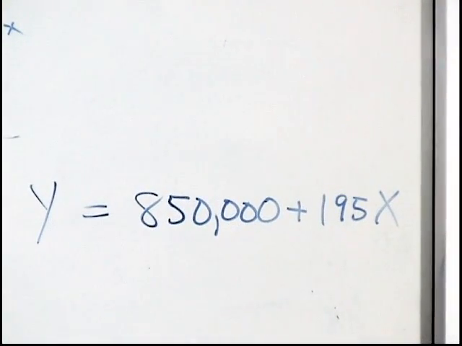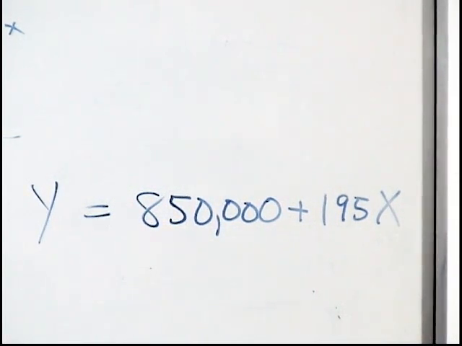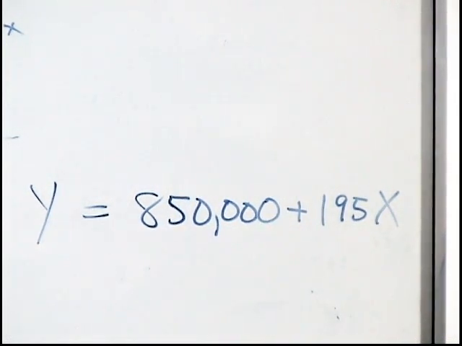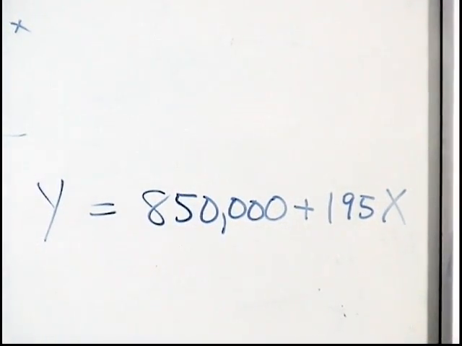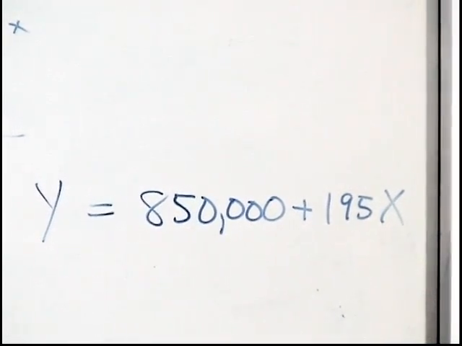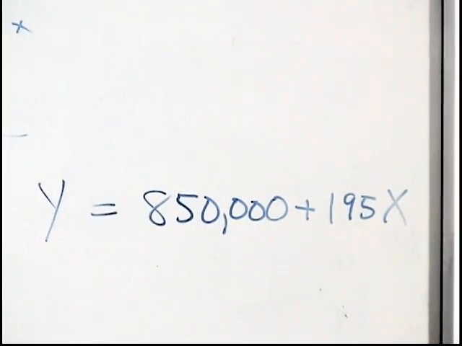What is the meaning of the 195? It's the slope of the line, so that says for every increase in x, Y increases by 195. The only problem is, the question is going to ask you about the sales of the necklaces and the costs. So say that same thing again, but say it in terms of necklaces and costs of production.